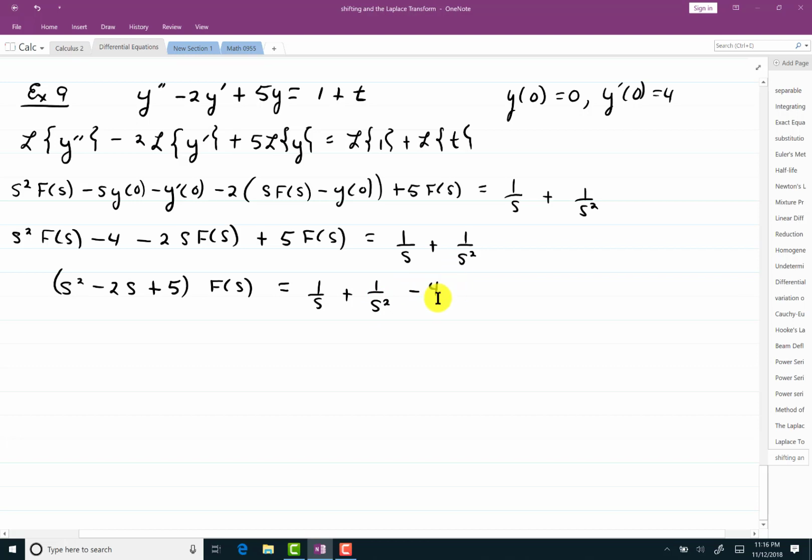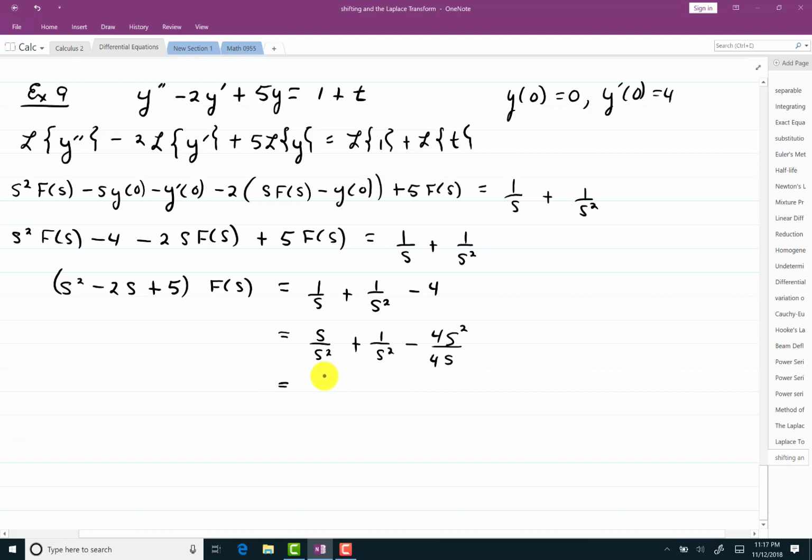Now, I don't know how many ways there are to approach this, but there are probably a lot. I'm going to approach it in one way, and it may not be the most efficient way, but I think it is pretty basic in its ideas. So what I'm going to do is write this all as one fraction. That means this fraction here will become s over s squared. I'll have 1 over s squared. I have minus 4s squared over s squared.